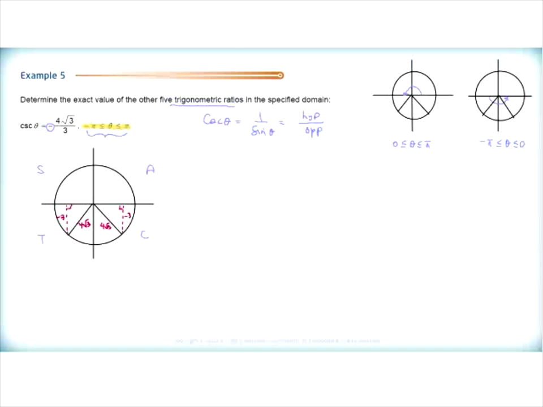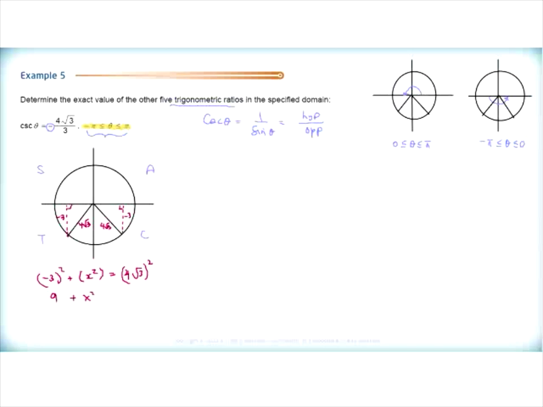In order to find the other trig ratios, we obviously need to find the other side in both triangles. We need to find this side, and we need to find this side. In order to do that, we're going to use the Pythagorean theorem again. Negative 3 squared plus x squared equals 4 root 3 squared.